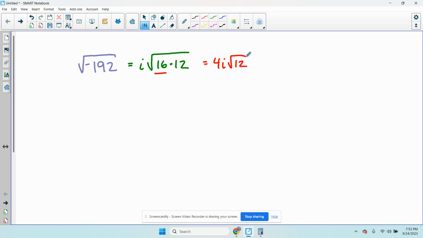Then I say, can I do that again? Are there any perfect squares that go into 12? So I list out my perfect squares: 4, 9, 16, 25, 36, 49. Do any of these numbers go into 12? Well, 4 does. So this is going to be 4i root of 4 times 3.